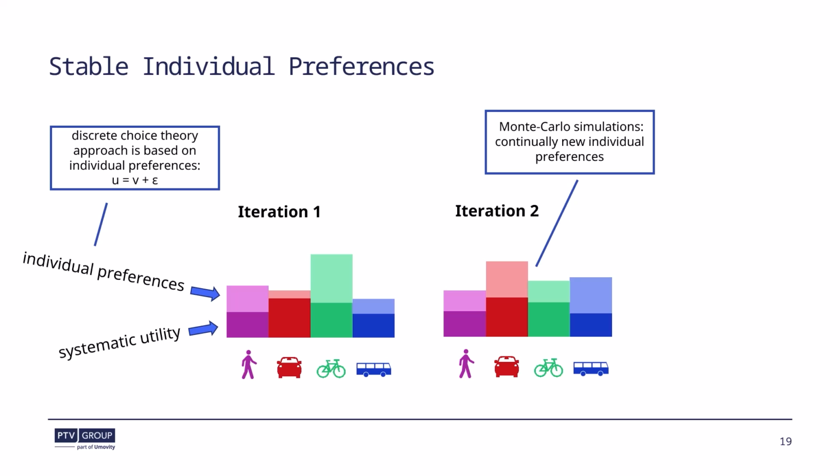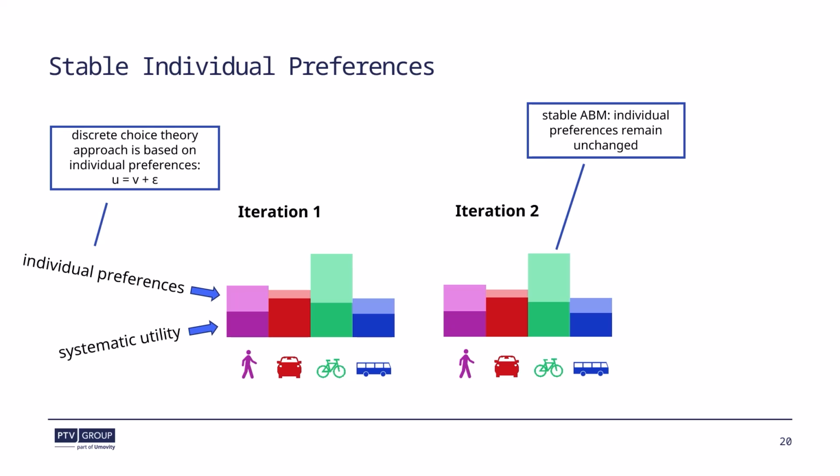So in this case, the person would choose car, while the systematic utility did not change at all, but the individual preferences did. The difference to our ABM is that we keep these individual preferences constant. And that makes our ABM stable. All the preferences remain unchanged. They are chosen in the beginning of the process, and then they remain unchanged throughout the whole process.